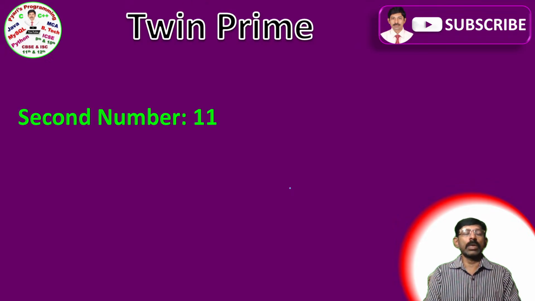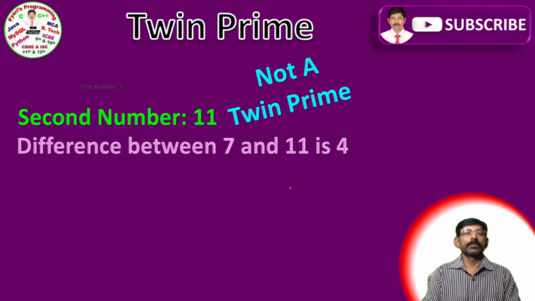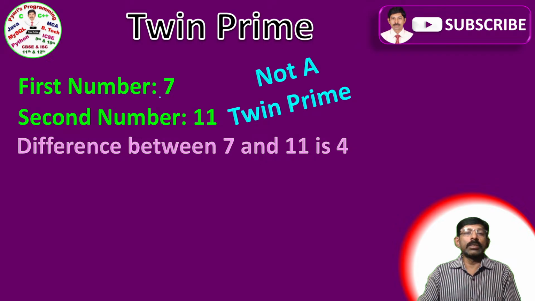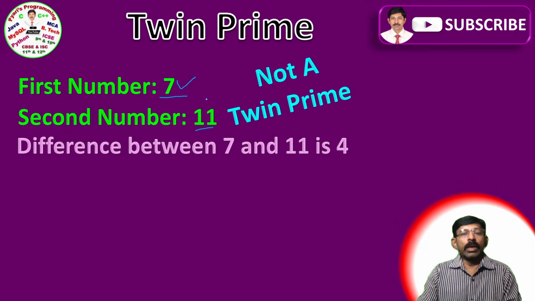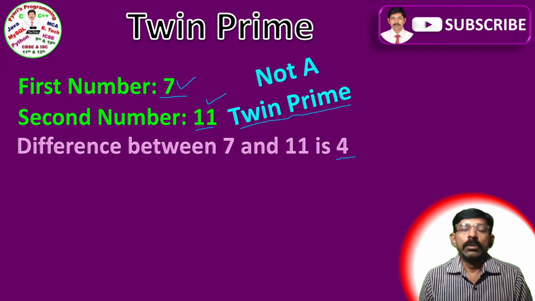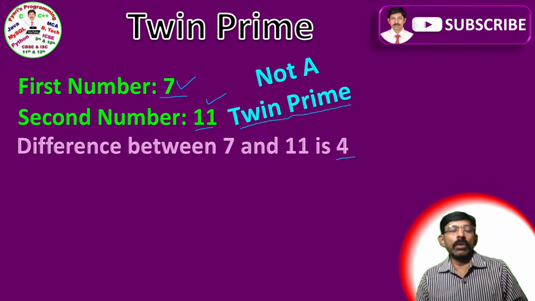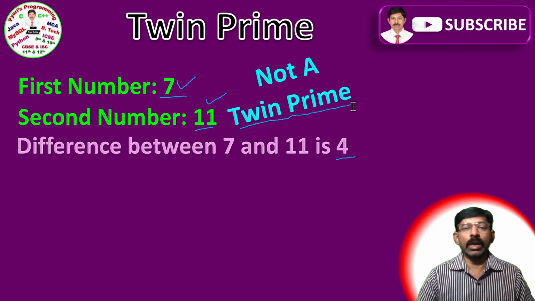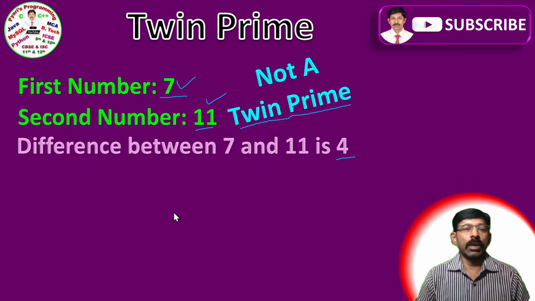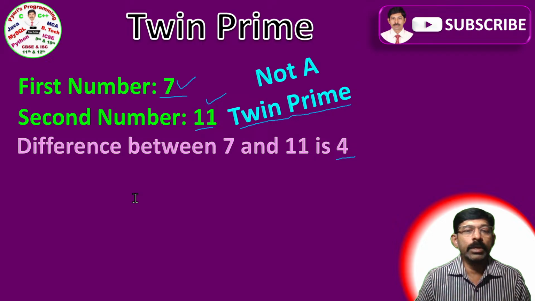Let's see one more example. First number is 7, second number is 11. 7 is prime and 11 is prime, but their difference is 4. Hence it is not a twin prime. I am not giving solid logic to 9th class because in 10th class you will learn the sequence mechanism.